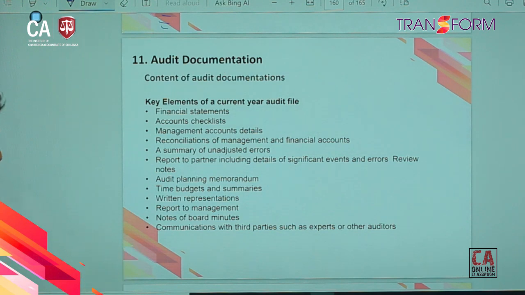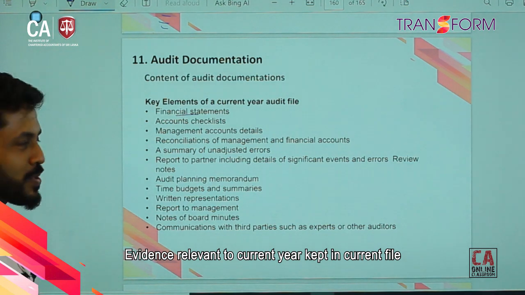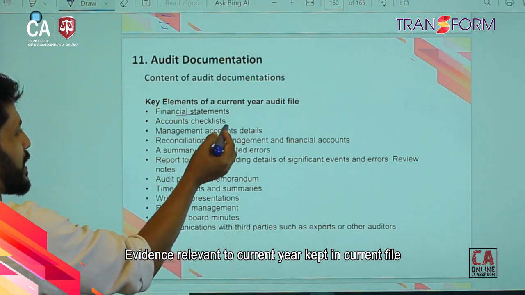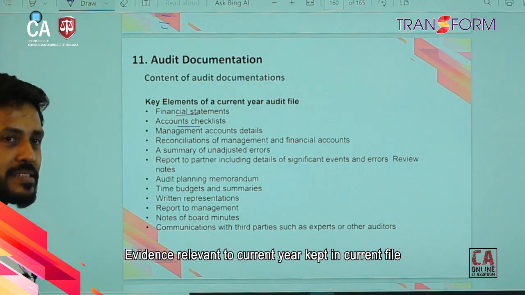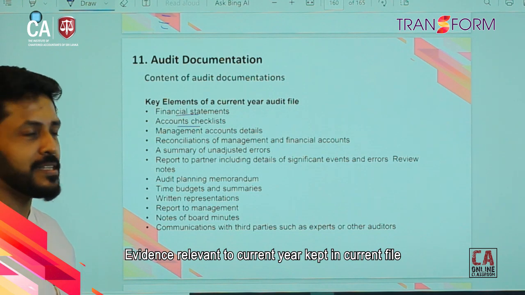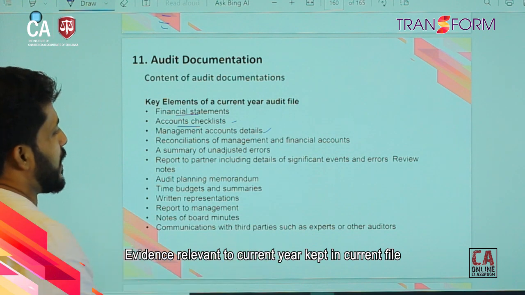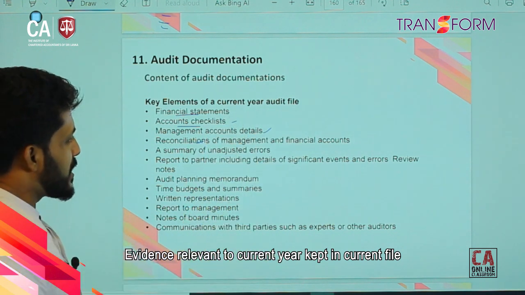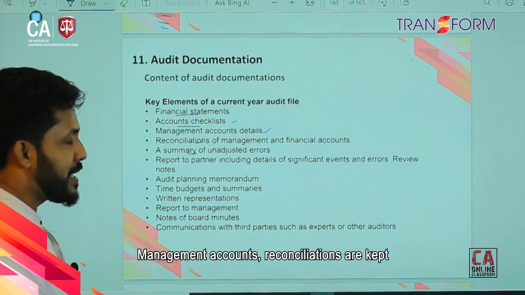Basically the financial statements we are going to base on, and the basic audit opinion, right? An accountant's checklist, a kind of a standard checklist or audit checklist. We can put all the checklists. Management account details, reconciliation of management and financial accounts, right?